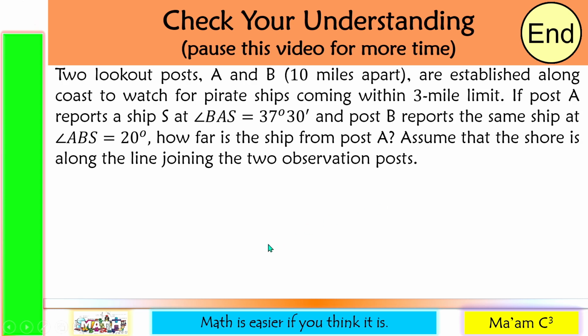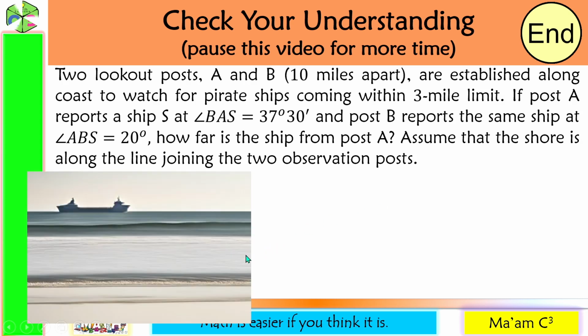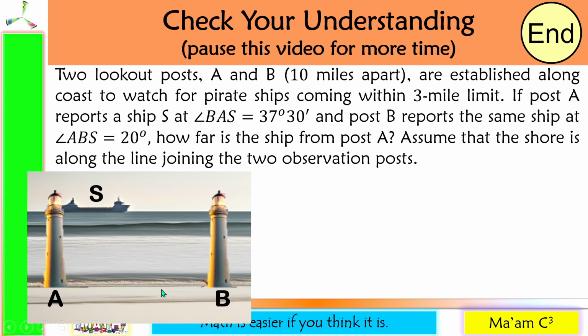Let us understand the question using a picture. So I have here the ship S. We have two lookout posts. So this is post A and this one is post B. And they are 10 miles apart. If post A reports a ship S at angle BAS, let us create a line here.